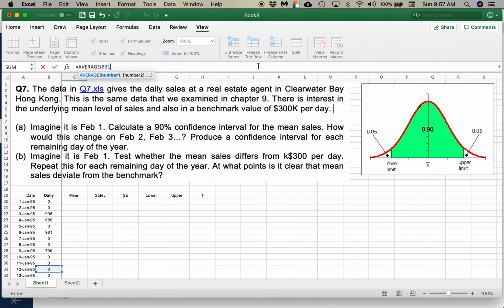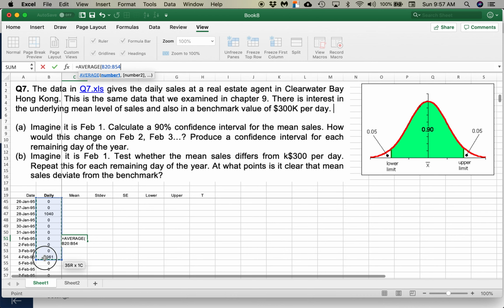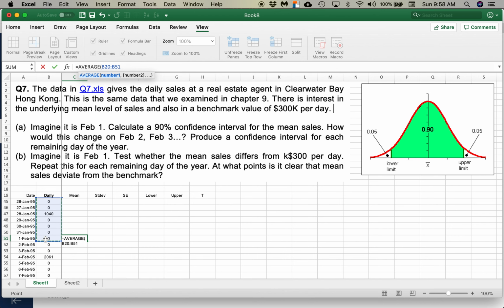Okay, so let me just fix that. Let's try this again. From January 1st, scroll down to February 1st. Okay, so we know it's B20 to B51. Close parenthesis. That was the range of cells that goes from January 1st to February 1st.